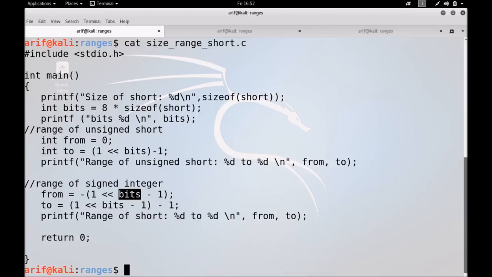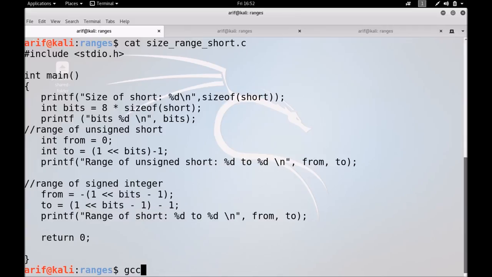Left shift by n bits means multiplying by 2 raised to the power n. So this becomes 2 raised to the power 15, from minus 2 raised to the power 15 to plus 2 raised to the power 15 minus 1.